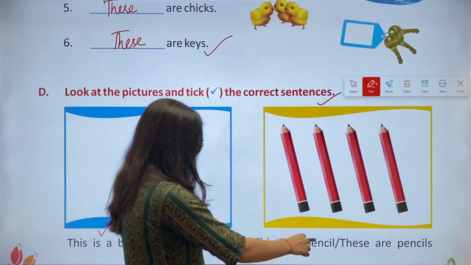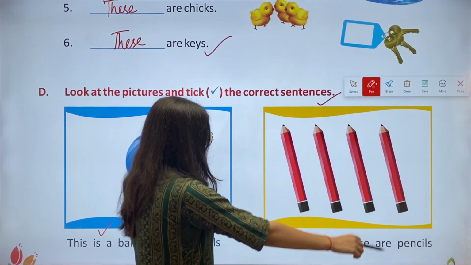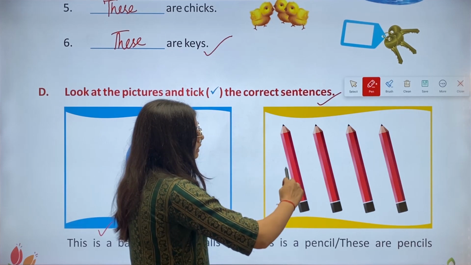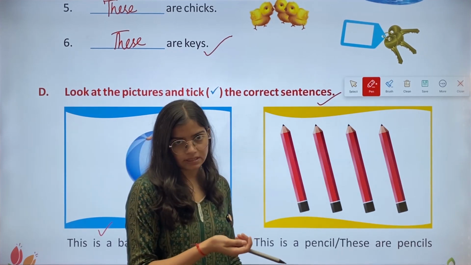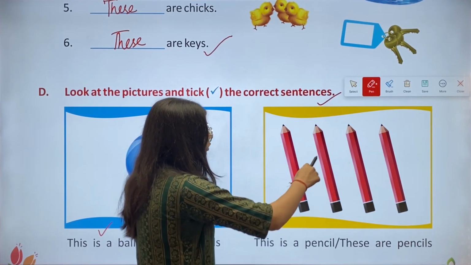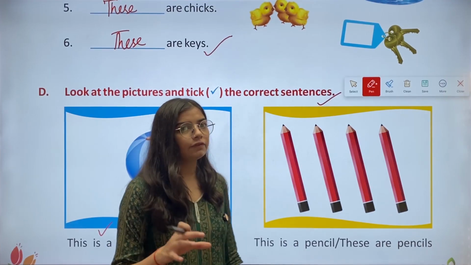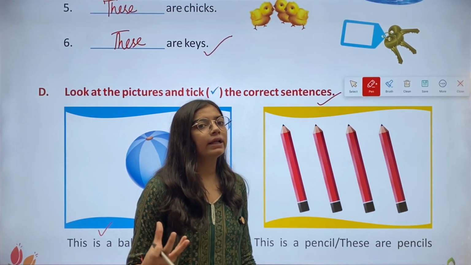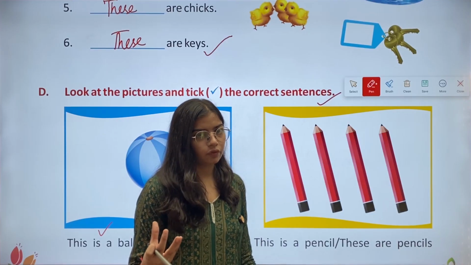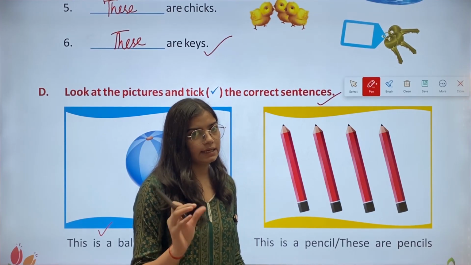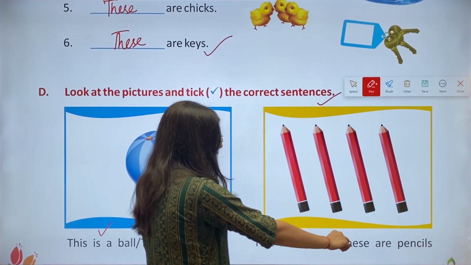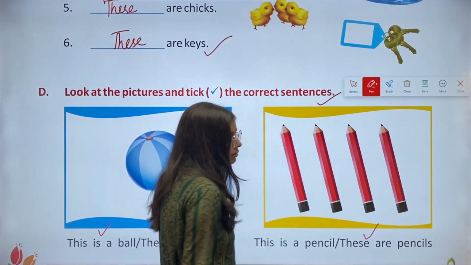This is a pencil slash these are pencils. So as you can see, we have more than one pencils. We have 1, 2, 3, 4. 4 pencils. So if there are more than one thing, we use the word these. So the correct one is these are pencils.